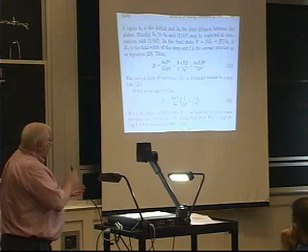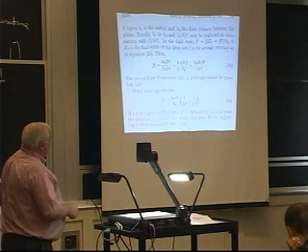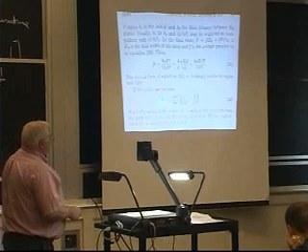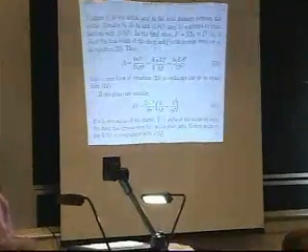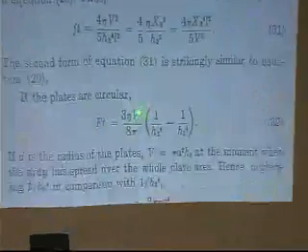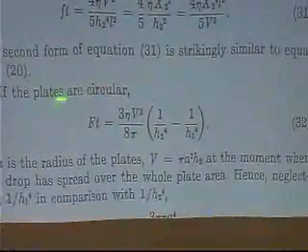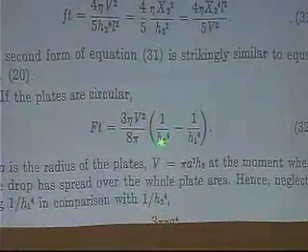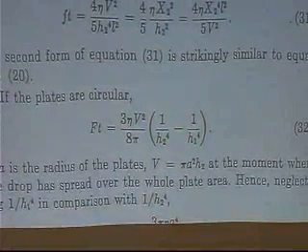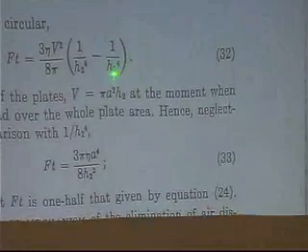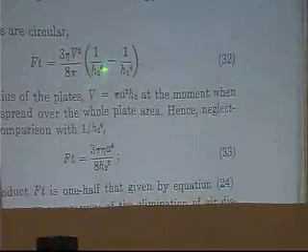To solve this equation of dynamically squeezing two things together, the force times the time times 3 times the viscosity times the velocity squared over 8 pi, and these are circular plates, is 1 over h2 to the 4th minus 1 over h1 to the 4th, where h is basically the distance of separation. So this is the initial, this is the final.